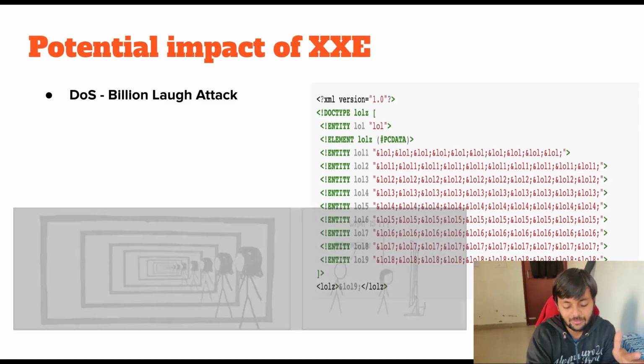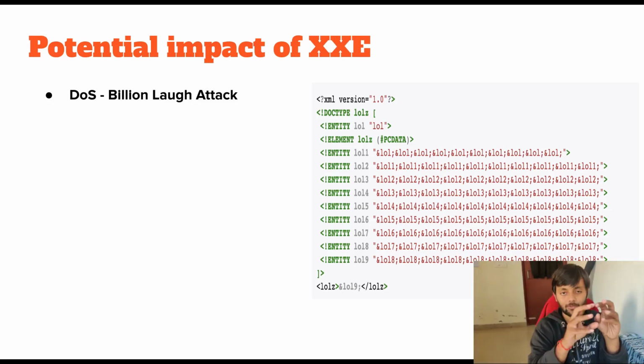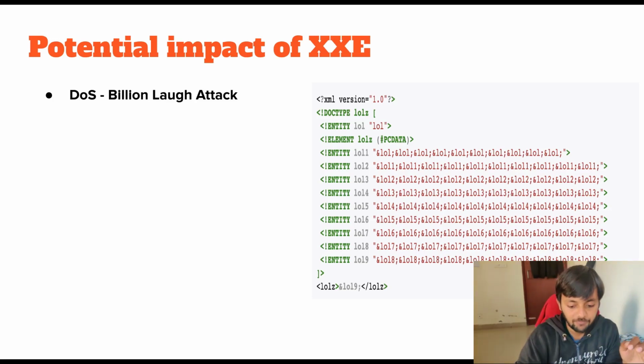If you see the diagram on the right side, you could see the entity lol, in the third line, entity lol and lol. And then in the payload section, this entity is XML encoded like &lol;. So this lol is again called inside this entity, and then again it's being called, and there's recursion there. So that's a DoS, and due to this the resources get exhausted, and there's a denial of service.